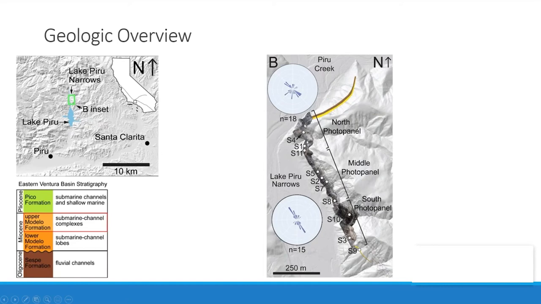So this section of the outcrop is a slightly oblique down dip view, pretty much parallel to the paleocurrent, and this would be a strike view, which gives us a good look at those depositional architectures.